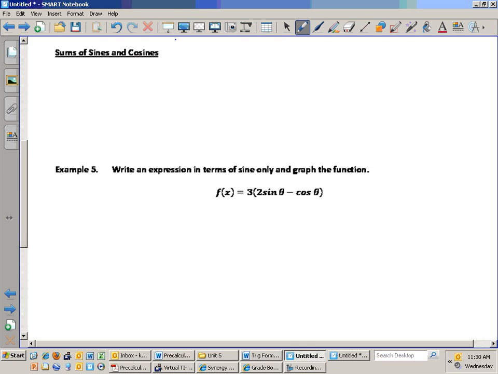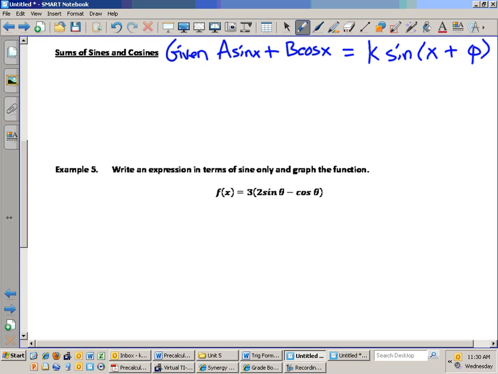And it looks like this. Given a sine of x plus b cosine of x equals k times the sine of x plus phi.